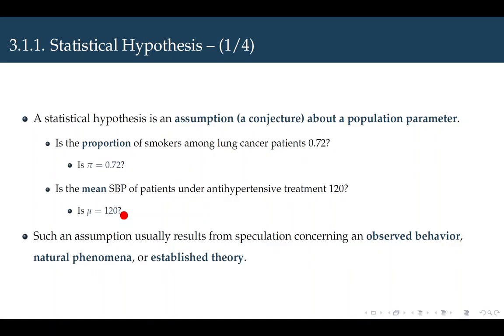So a statistical hypothesis is an assumption like this, assuming 0.72 for the population proportion and assuming 120 for the population mean. It's just an assumption or a conjecture about a particular population parameter. Such an assumption originates from speculation concerning a certain observed behavior, natural phenomena, or a certain established theory.